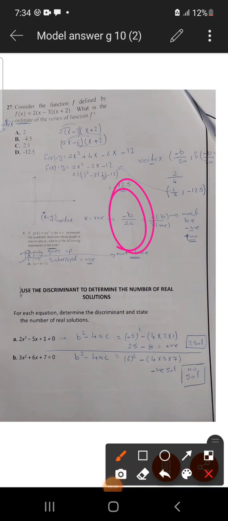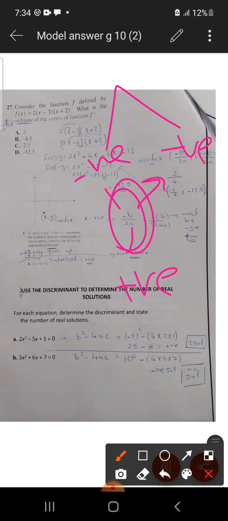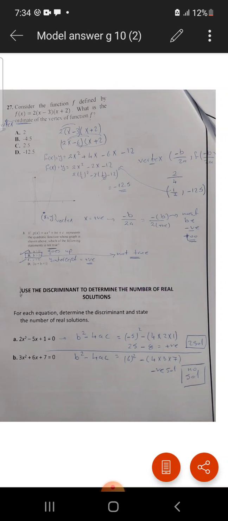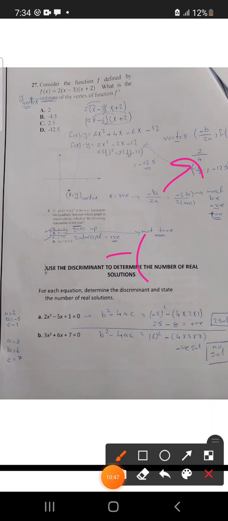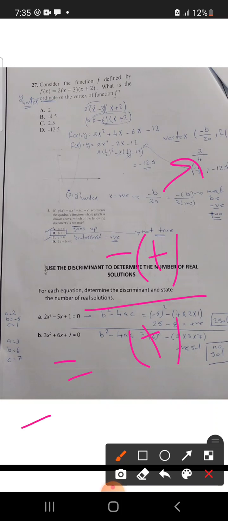What you will do, as a is positive and the x of the vertex is positive, you wanted b to be negative, to get negative negative, positive, over positive, right or no? What about if b is positive? Negative times positive over positive will give negative. Do you want the x to be negative?